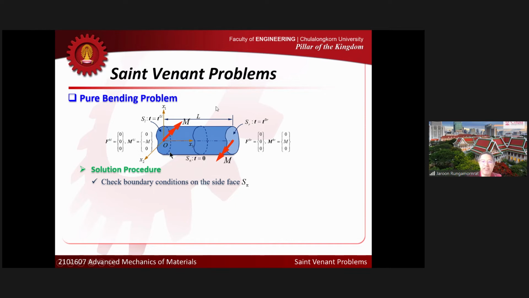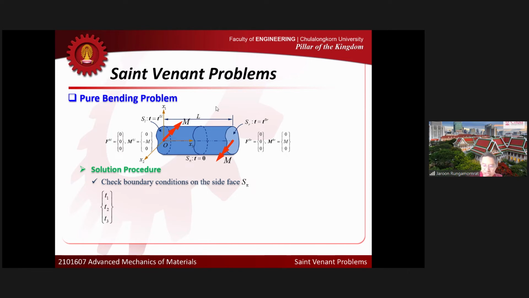At every point on the side face, we need to make sure that it's traction free, or the stress that we get there has to generate zero traction at every point on the side face. If you can confirm that, now we can say that the boundary conditions are satisfied at the side face.